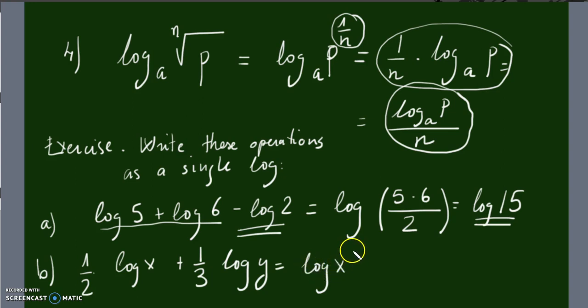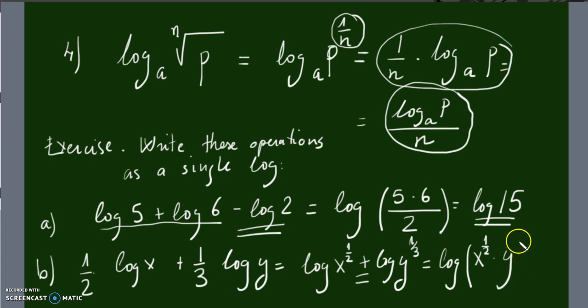So logarithm of x to the power of 1/2, plus logarithm of y to the power of 1/3. Now we have an addition, so we can transform this into a multiplication. So we have x to the power of 1/2 times y to the power of 1/3.